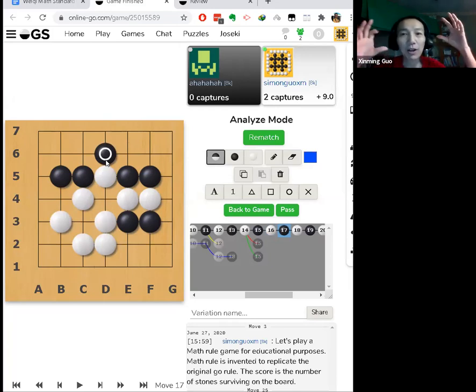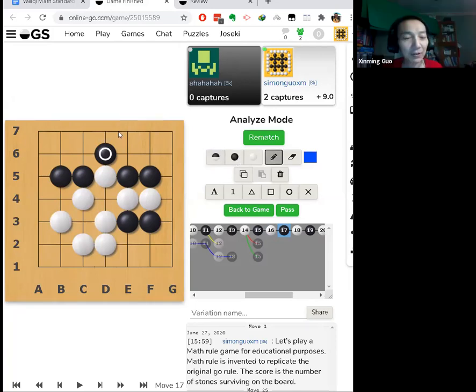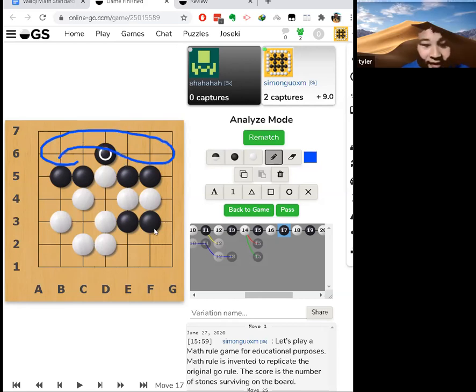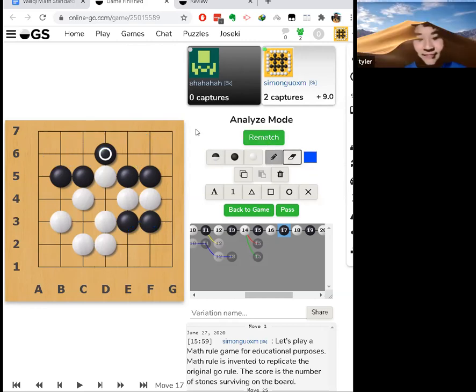Try to join your group together. That's a good decision. Right now you're almost connected, and maybe you are in two parts with cutting points here and here. So you're trying to join together for black.